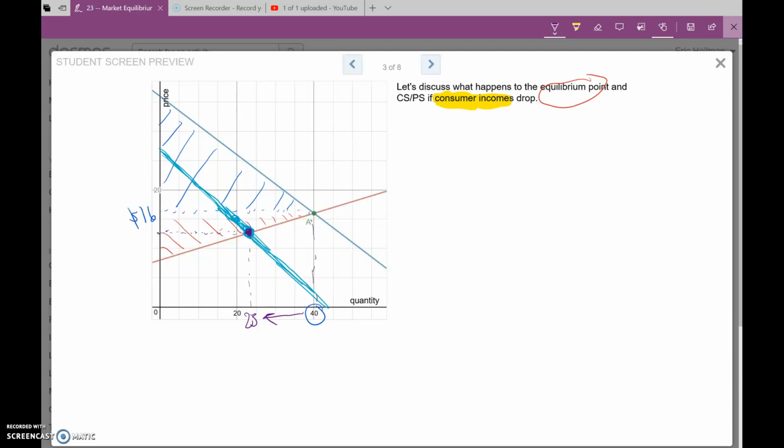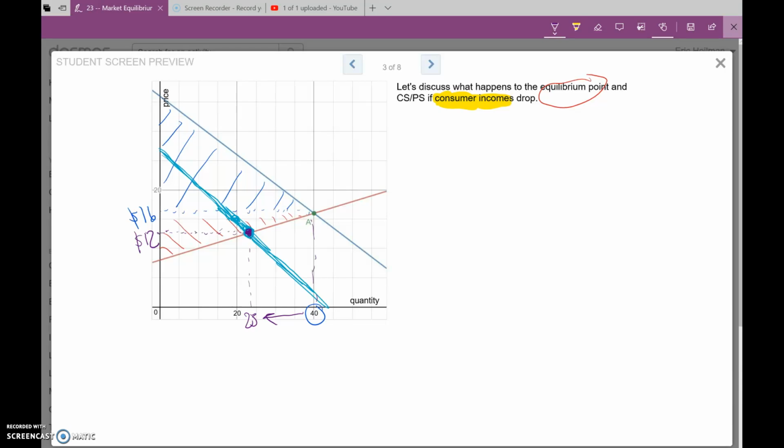So the market price also falls. Let's say the new market price is 12 bucks. Again, I'm estimating, because I don't have the exact equations. As long as you draw this shape, you're fine.